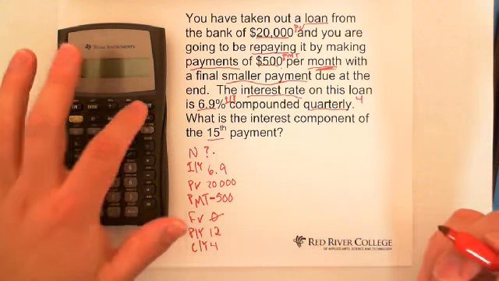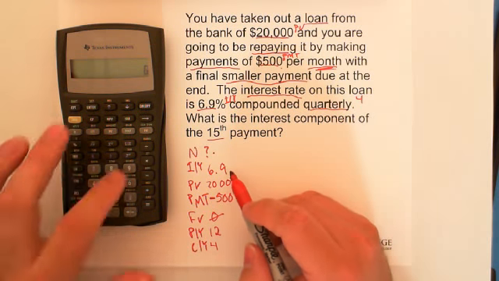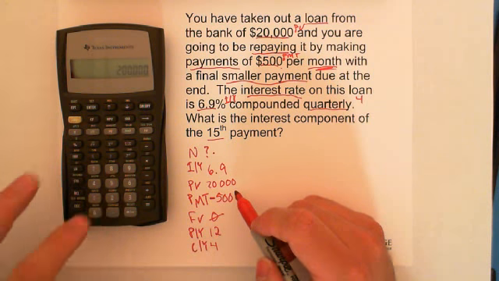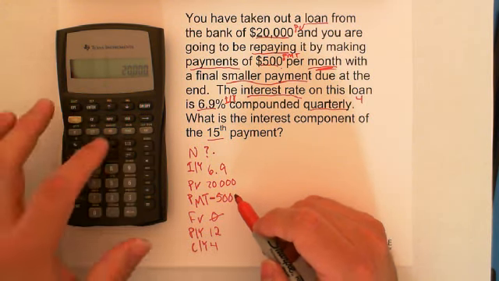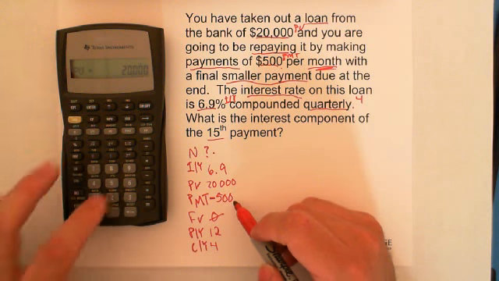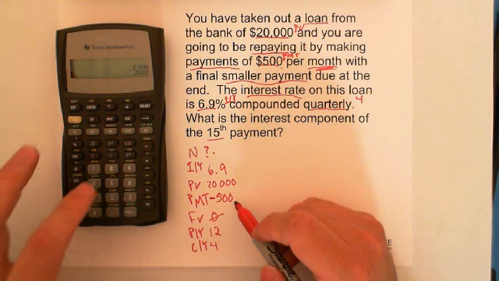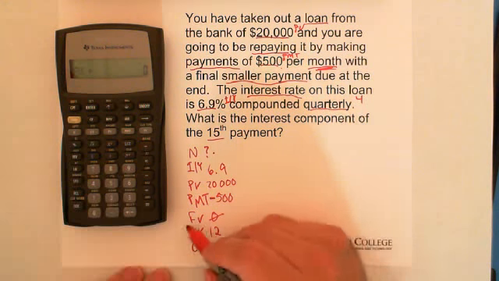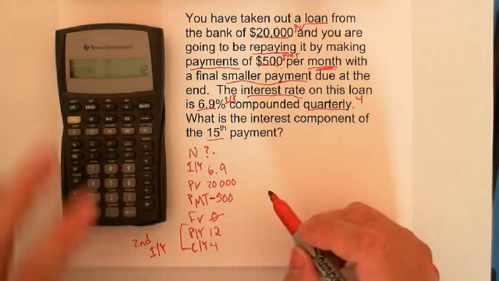Okay, so let's punch the numbers into our calculator. We're going to start with 6.9 I/Y, 20,000, oops, I put in too many zeros, so I'm just going to use my back arrow to back up one, PV, and then 500, and then we hit the plus minus button to make this a negative payment, 0 future value. Then P/Y and C/Y are hidden under second function I/Y, so second I/Y.